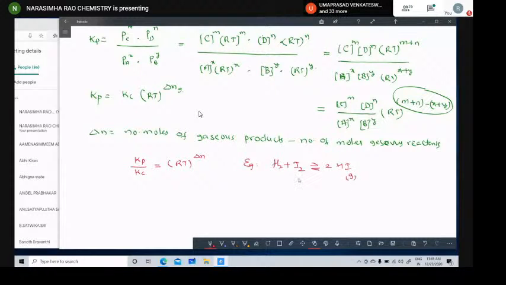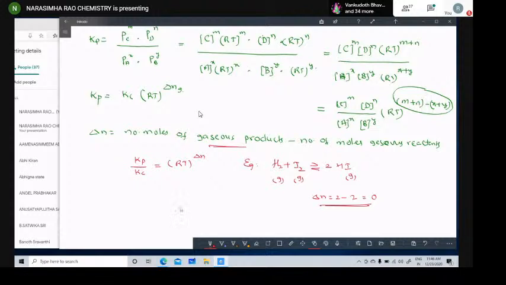This is gaseous, and gaseous. This is 2 moles of HI gaseous. Delta n is equal to the number of moles of gaseous products, which is 2, minus the number of moles of gaseous reactants, 1 plus 1, which is 2, so it is equal to 0.